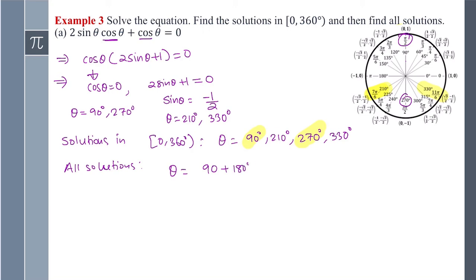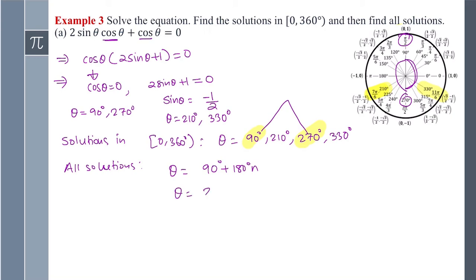So 180 degrees n, which means if we add 180 to 90, we get to 270. Then if we add 180, we get to 90 again. And we can do the same thing in the opposite direction as well. So we can just write 90 plus 180 n. That takes care of 90 and 270.